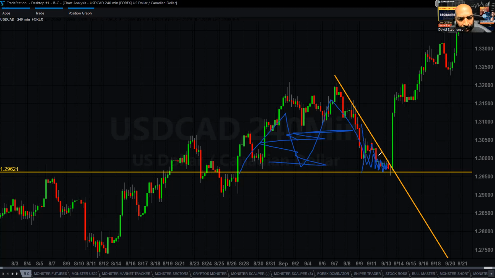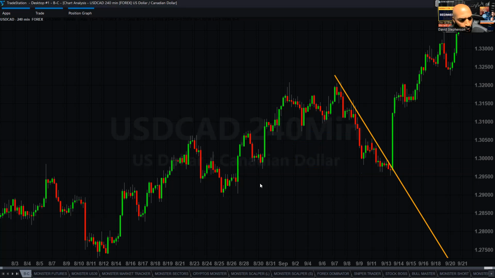This big candle here, where price got squeezed, it was caged, and then it broke out. Your job is to find these support and resistance areas and wait for the price.